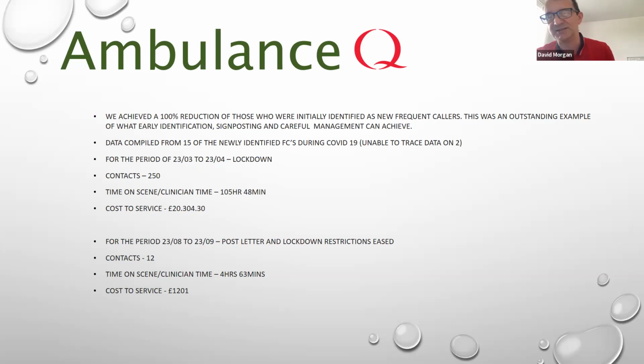The reason that was in is we were talking to the CCG around what we did in COVID. I left that in because sometimes cost, or the ability to put money back into the system, is quite an important piece of data.